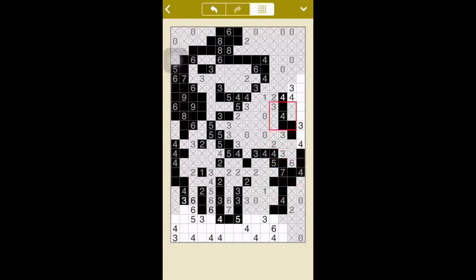Let's finish off this area here. Okay, that's that. Looking at the 3, I could only have 2 more black spaces in here, right? Now looking at the 6, since I could have only 2 black spaces here, the remaining 4 spaces have to be black.